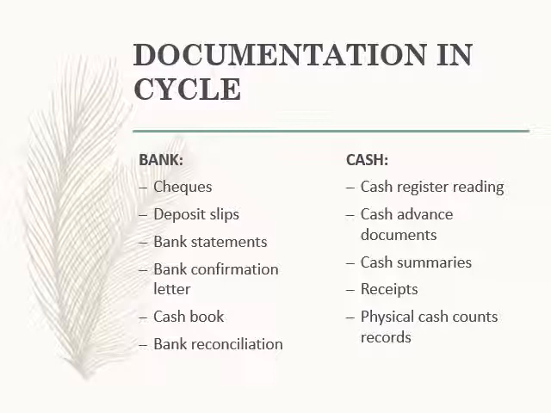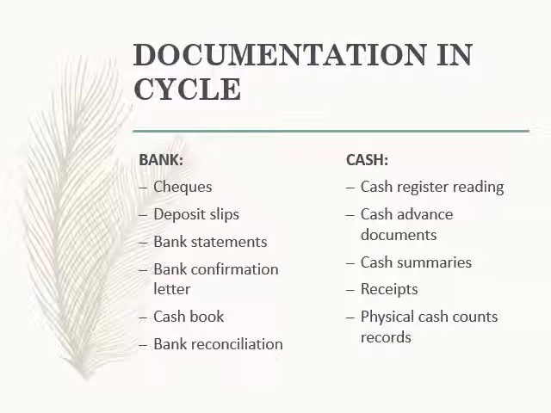Okay, so in terms of documentation in the cycle, for bank balances, we've got checks and deposit slips, bank statements, bank confirmation, the cash book, and the bank reconciliation. Both checks and deposit slips are not widely used anymore as EFTs are becoming more popular and more common these days.